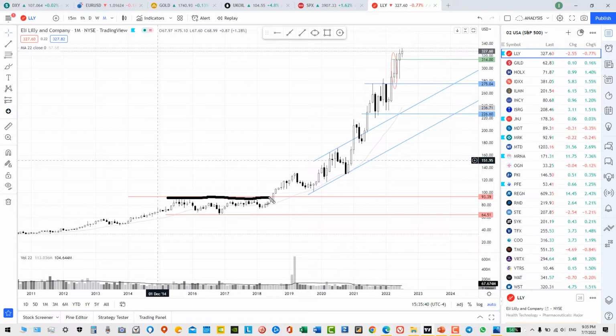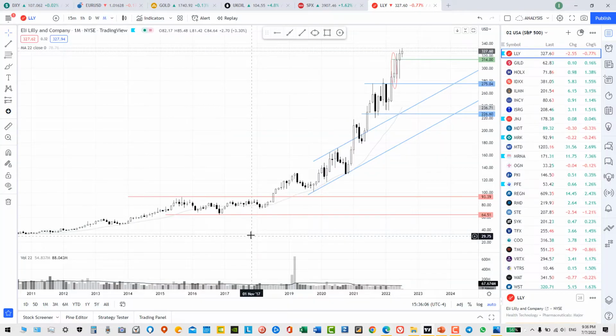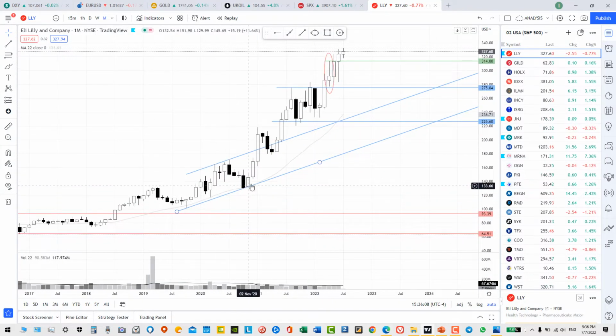As you can see, there was a kind of trading range where the stock was stuck between these two levels. 64 was a support at that time, and 93 was a resistance at that time for approximately 3 years. After that, there is nothing to be drawn over the monthly chart, because every top or bottom, every support or resistance is easily and more accurately drawn over the weekly chart.